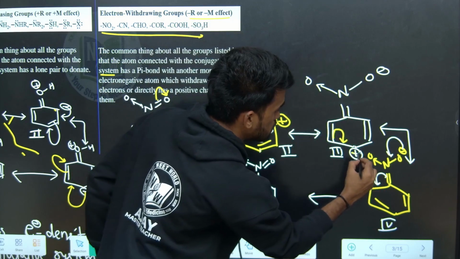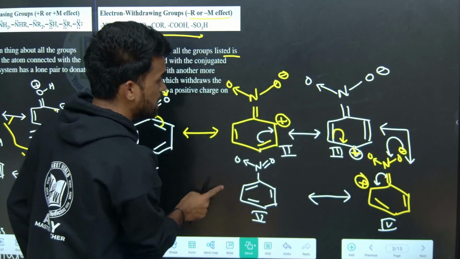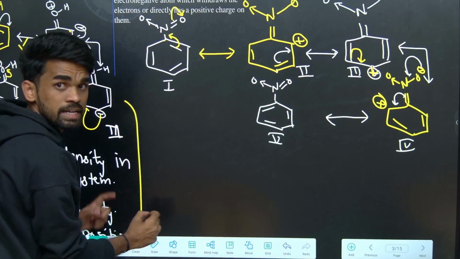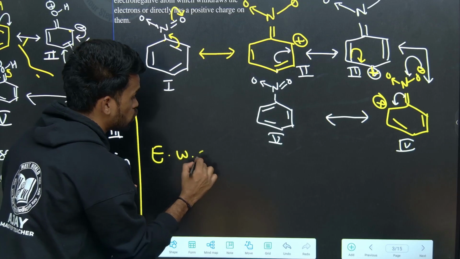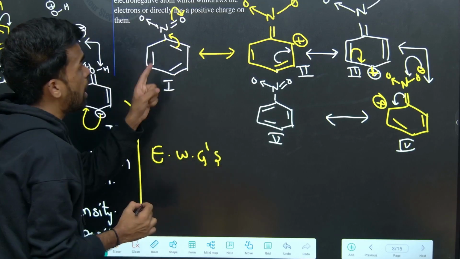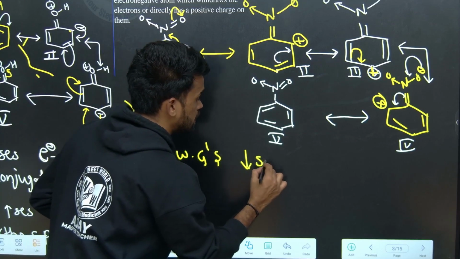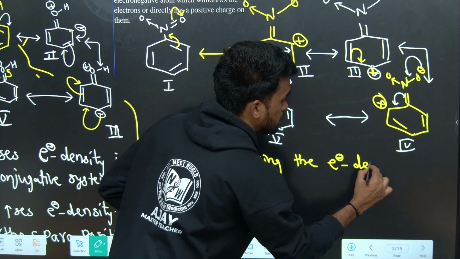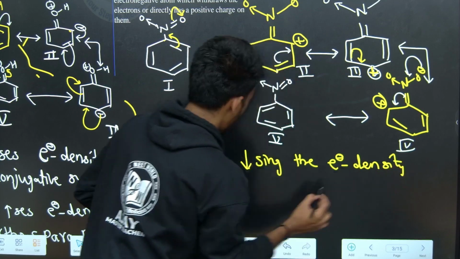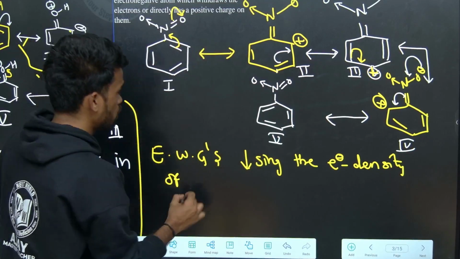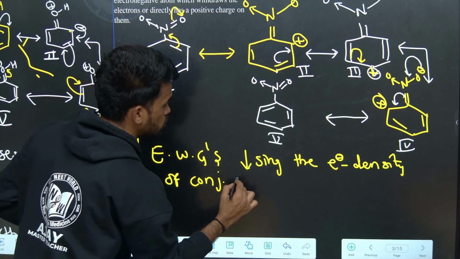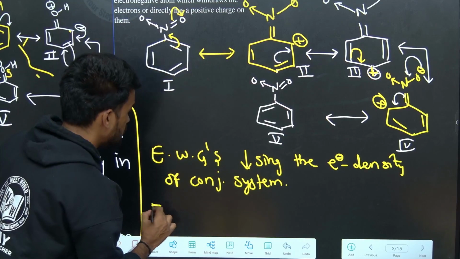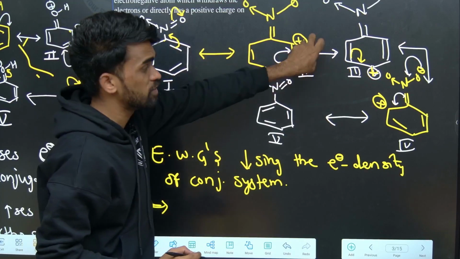Electron withdrawing groups are decreasing the electron density of the conjugative system and creating a positive charge, that is electron deficiency, right?